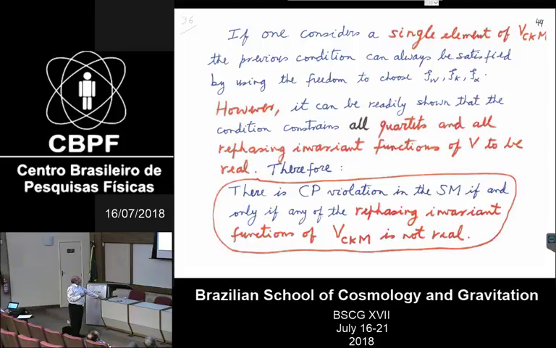Therefore, there is CP violation in the Standard Model if and only if any of the rephasing invariant functions of VCKM is not real. That is true for the Standard Model with any number of generations, not only 3 by 3. We will see that automatically this will be satisfied in 2 generations, but in more than 2, there will be cases where you can have CP violation.